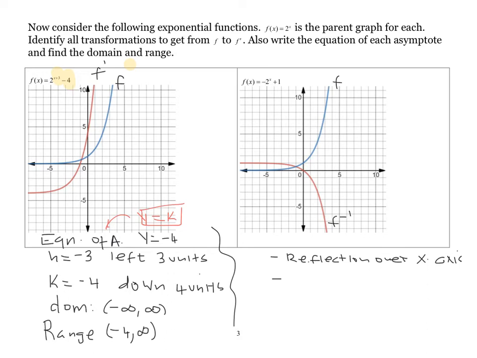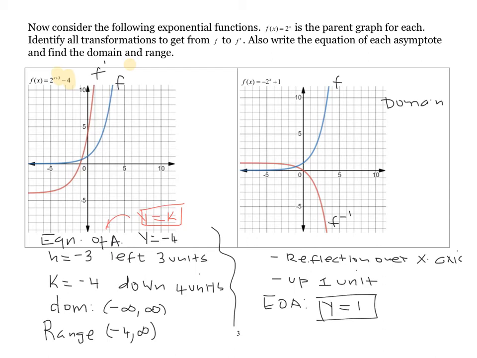I can also see that it has moved up 1 unit. So those are the transformations. The equation of the asymptote is going to be y = k, which is y = 1. And let's write the domain.